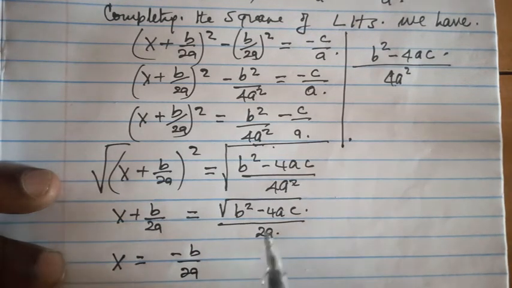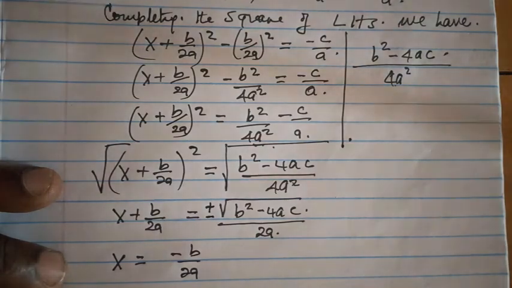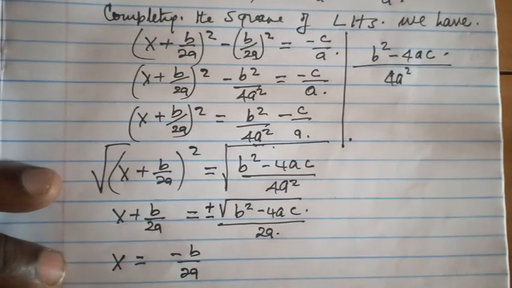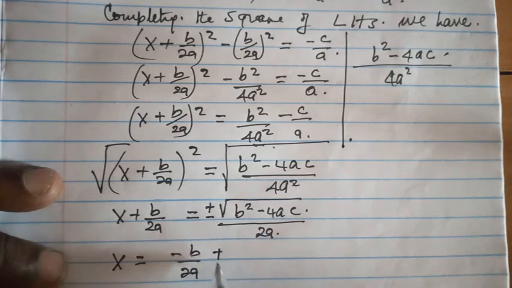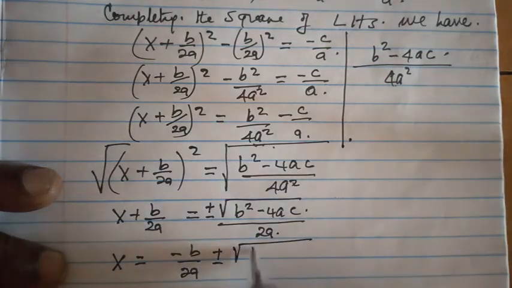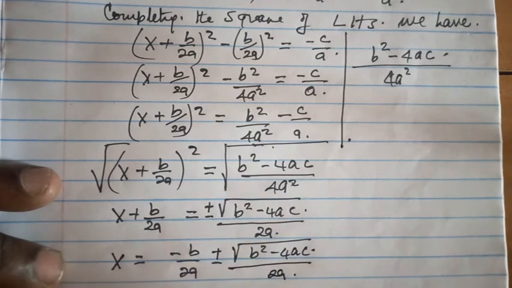And of course, by the time we are looking for the square root of any number, please note that the root of any positive number is plus or minus. So we have minus b over 2a plus or minus the root of b squared minus 4ac, everything over 2a.